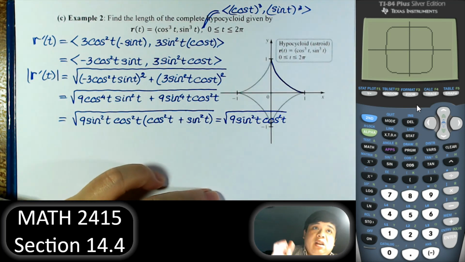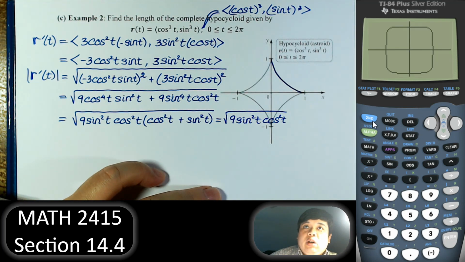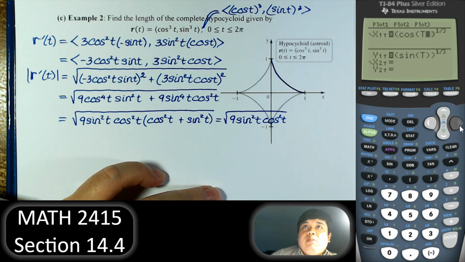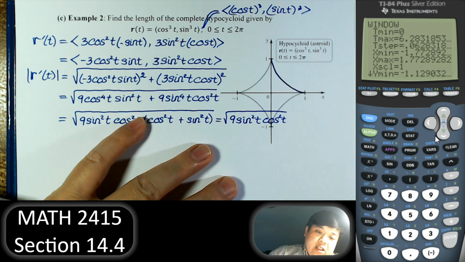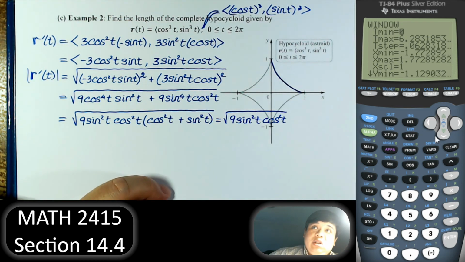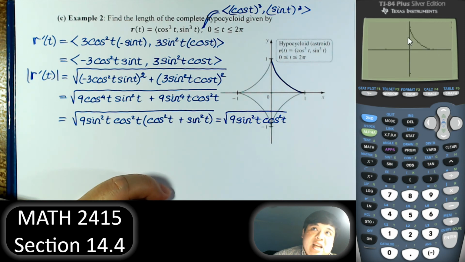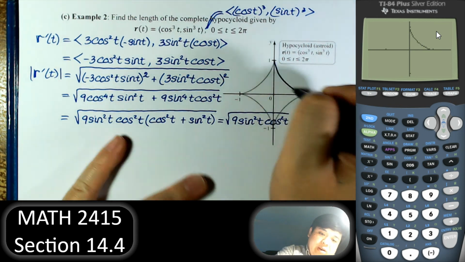I stress this when I teach Calc 2: when we integrate, we always have to check the limits. Let's say we only have one quadrant, so 0 to pi over 2, for example. Make sure that whatever the limit is actually the part that we're trying to find. So yes, from 0 to pi over 2, we have that part.